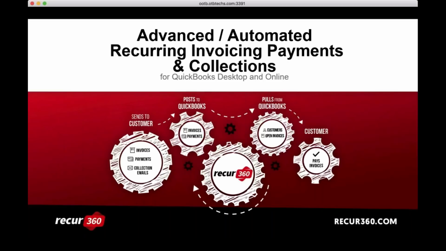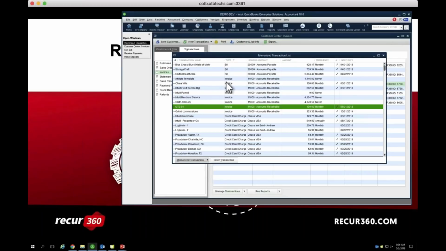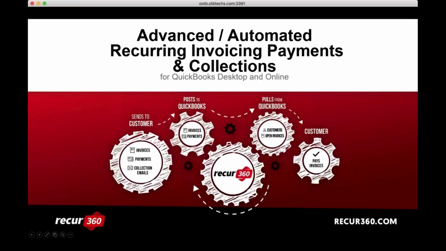Will do. Thanks. So think of Recur360 as an advanced automated recurring invoicing, payments, and collections solution. So in QuickBooks Desktop, everything that you do requires you to be in QuickBooks Desktop. So if you don't log in, nothing gets entered as far as a memorized transaction goes. Because we're web-based, everything gets automated at the web level, whether you log into QuickBooks or not.